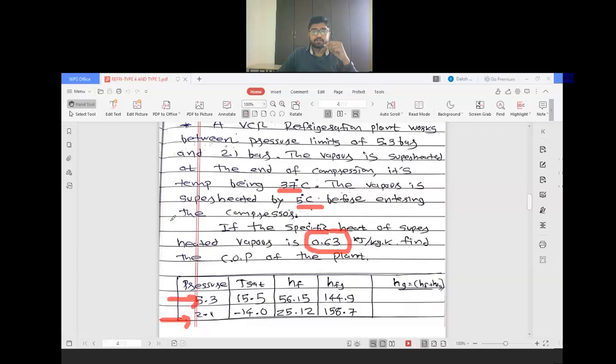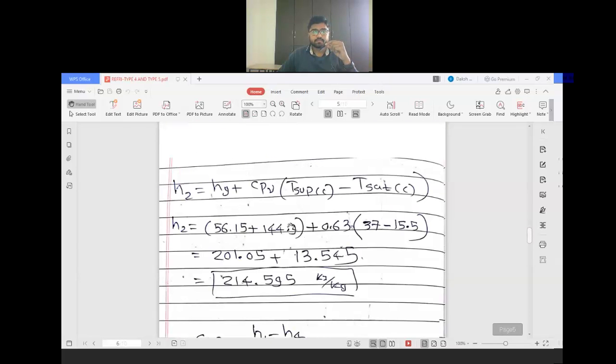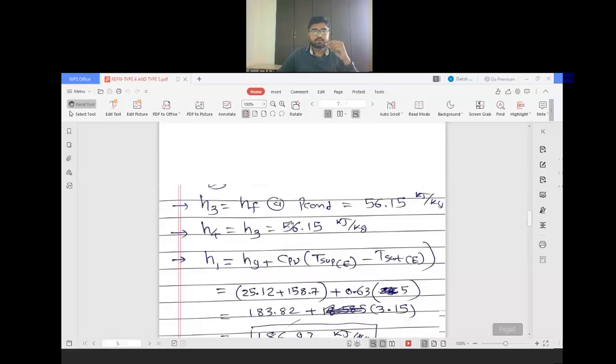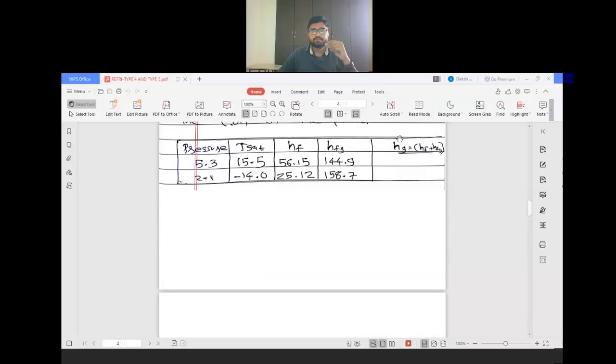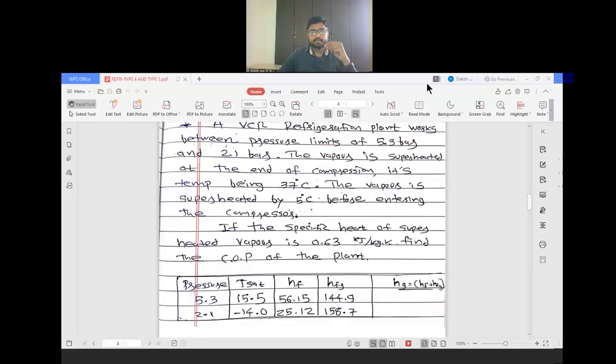Now here first of all we will draw the diagram. It would be easy to understand by use of a diagram. Let us draw the diagram here.